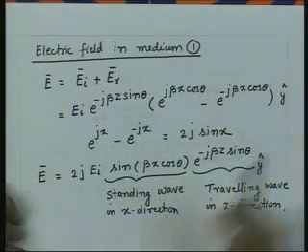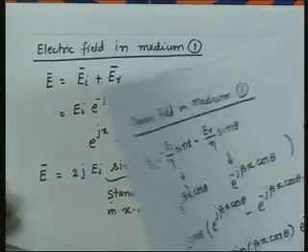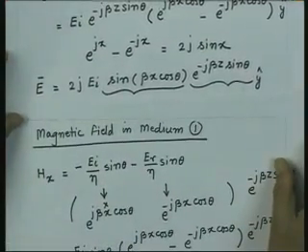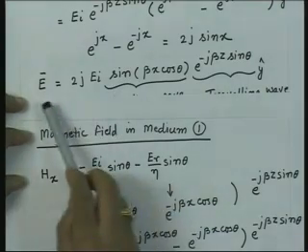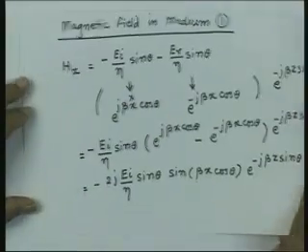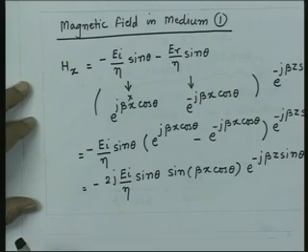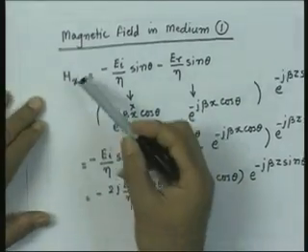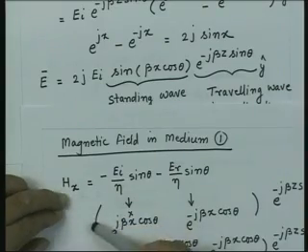Since the electric field is y oriented and this quantity is 2 j E I, and the magnetic field H x is minus 2 j E I upon eta, if I calculate the cross product of E y and H x, it is in the z direction.